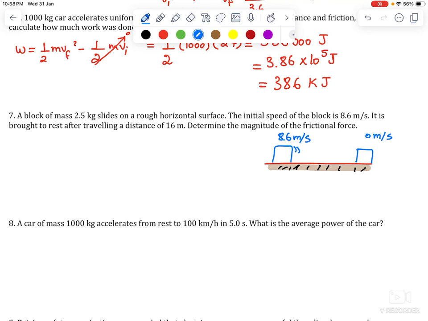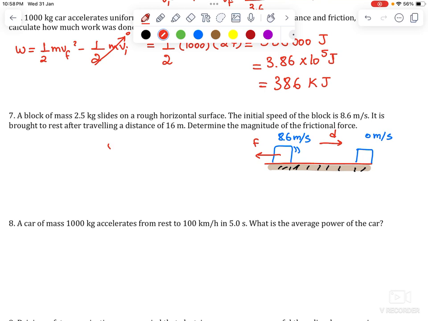So basically it was encountering a backward force while the distance was forward. Now I need to find the magnitude of this frictional force.